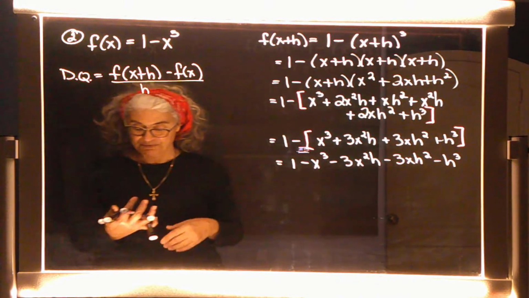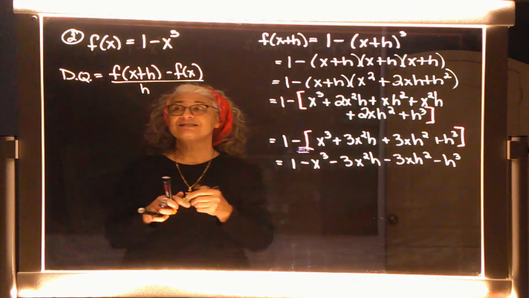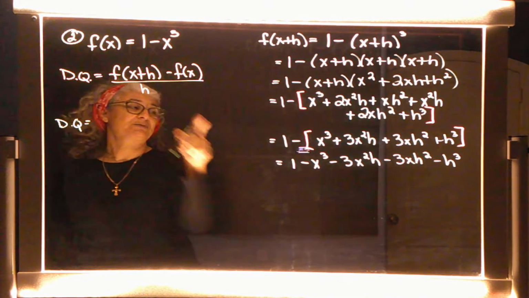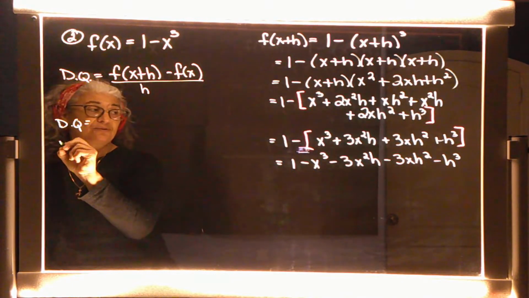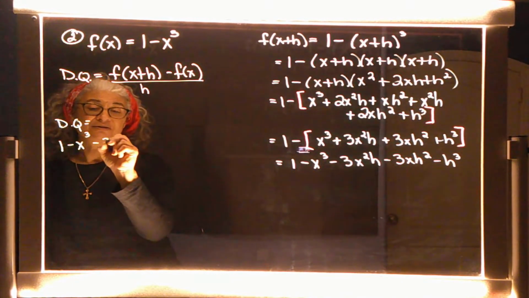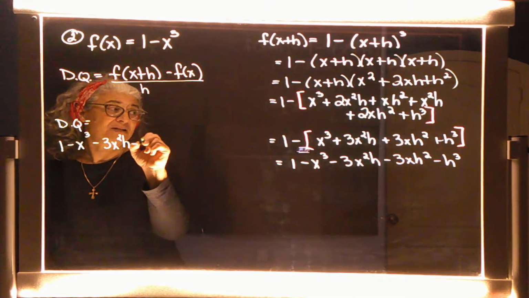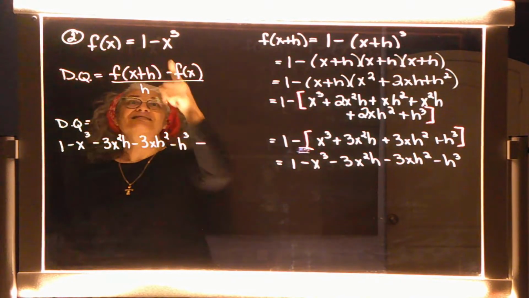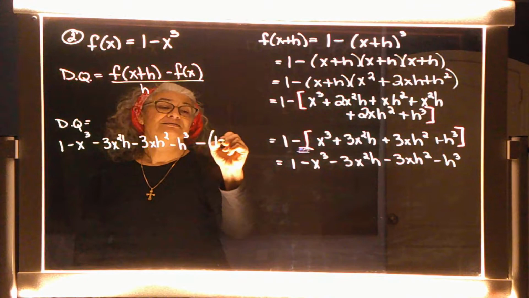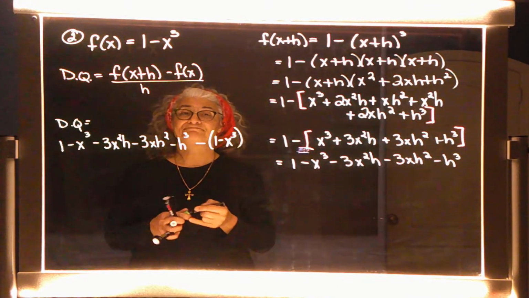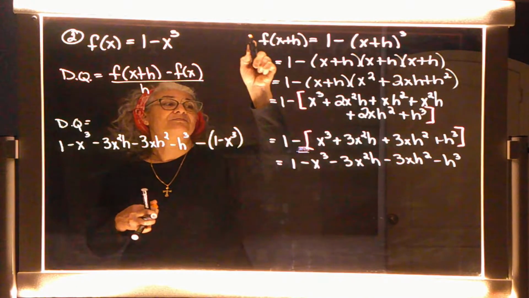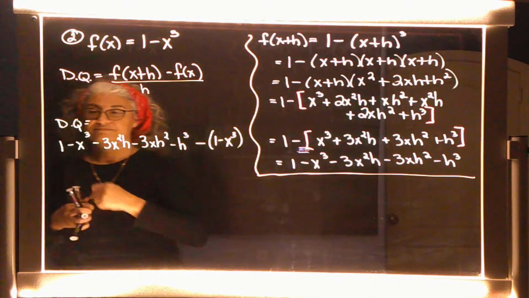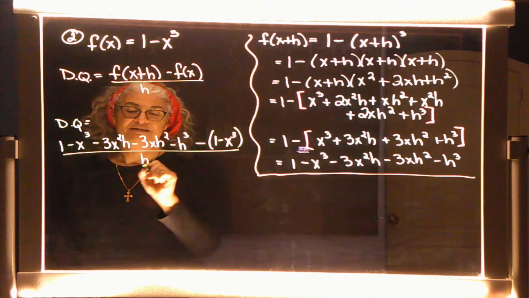Because check it out. When I literally put this in to the difference quotient, f of x plus h was this thing, wasn't it? So 1 minus x to the third minus 3x squared h minus 3xh squared minus h cubed minus the original function, all over h.